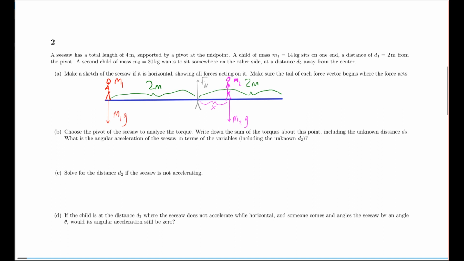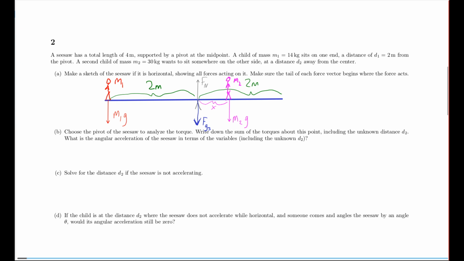There's also the weight of the seesaw, the weight of the thing itself. We don't even know its mass. So we'll just draw it here. Fg, I'm going to write S for seesaw.